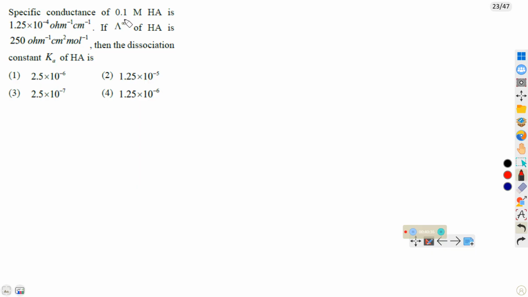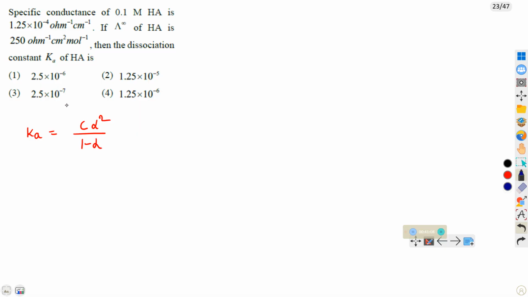Specific conductance of 0.1 molar HA is 1.25 into 10 power minus 4 ohm inverse centimeter inverse. If lambda infinity of HA is 250 ohm inverse centimeter square mole inverse, then dissociation constant Ka. How to calculate dissociation constant? Ka is equal to the formula C alpha square by 1 minus alpha.